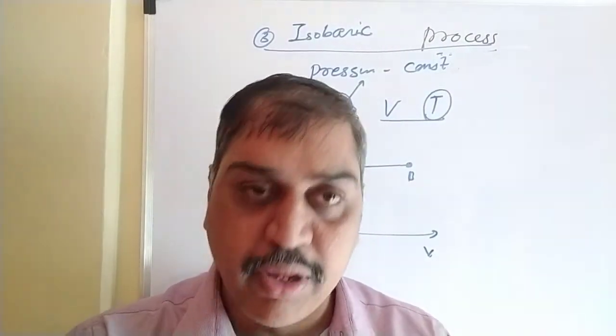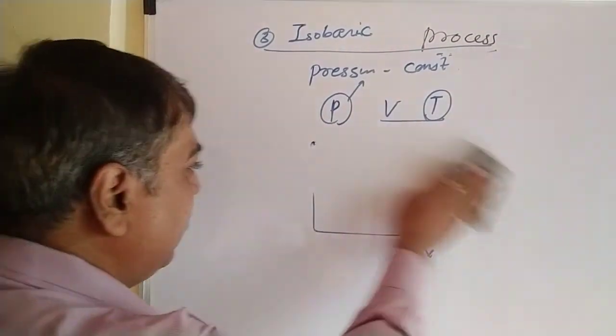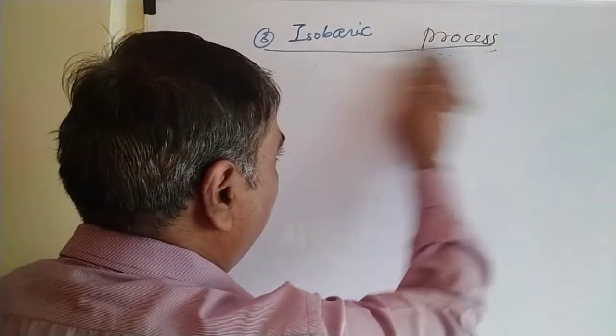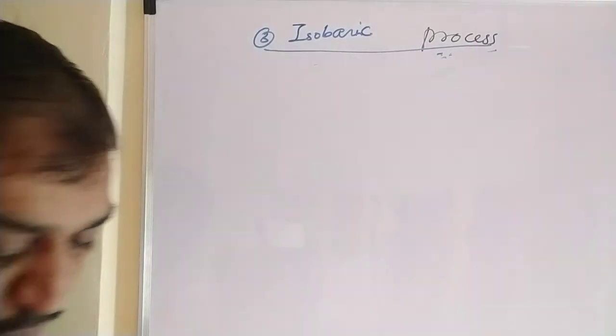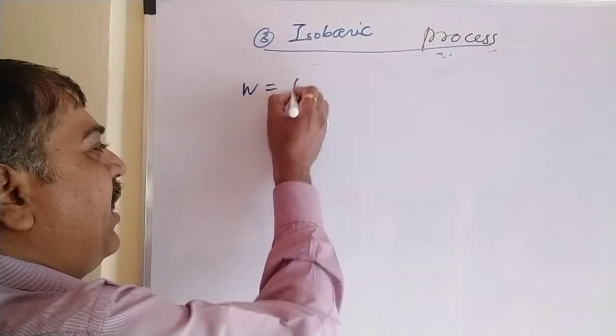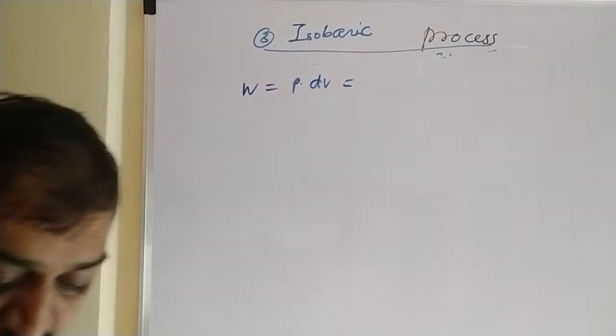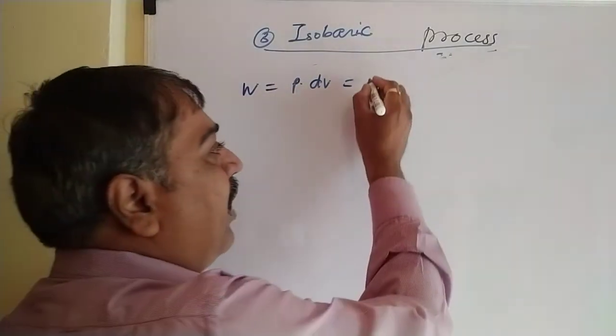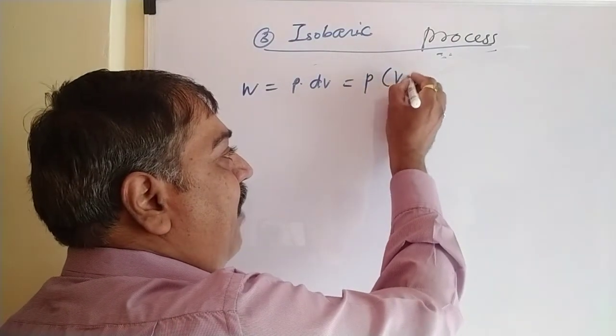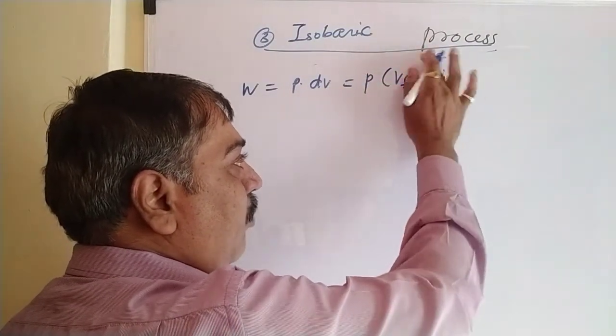Now let's go to the work done. Just find out the work done in this isobaric process. As we know, work done equals P into dV, where dV is the change in volume. So we can write P into Vf minus Vi, final volume minus initial volume.